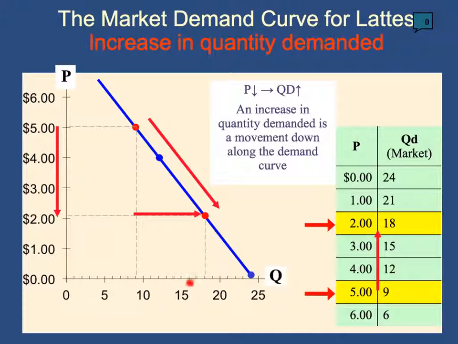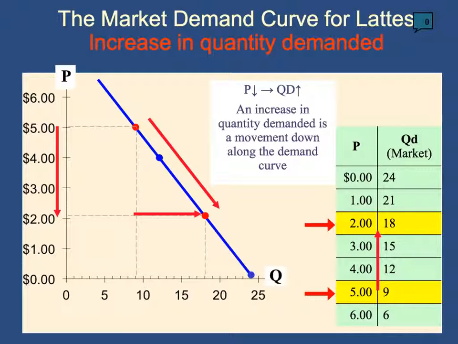To know exactly by how much, we just look at the demand schedule, or at the graph if we had more numbers, and we see that there has been a change from $5 to $2, and therefore a change in quantity demanded from 9 units to 18 units.